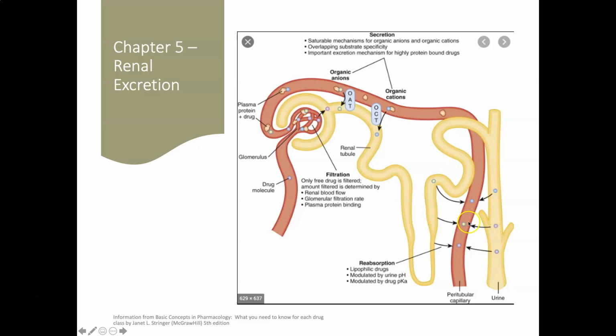They get reabsorbed, and they end up trapped in the urine. And so they can't stay where they're at. They get pulled through reabsorption into the urine. Okay?